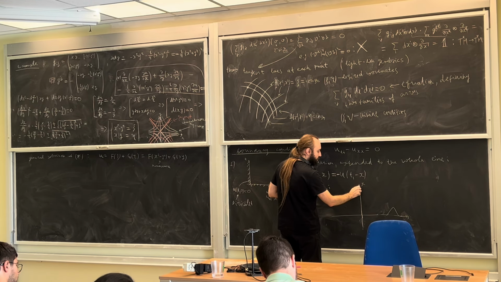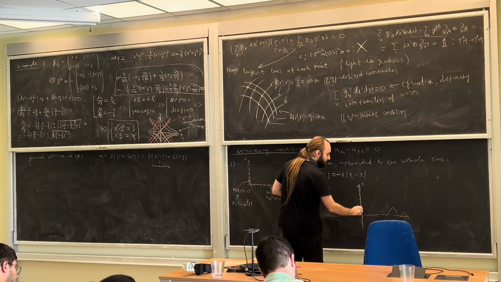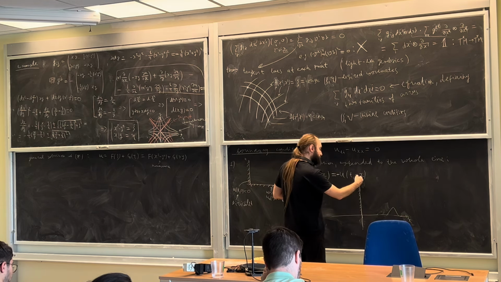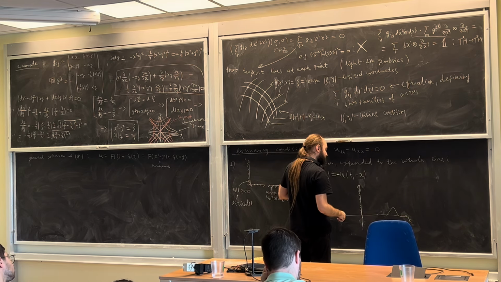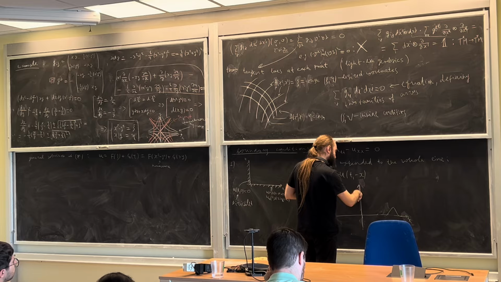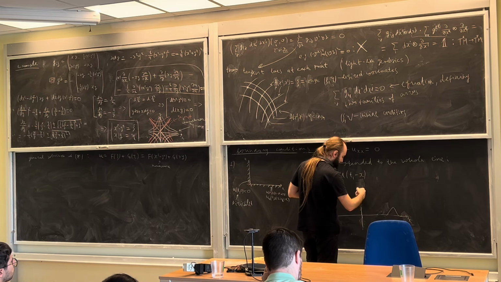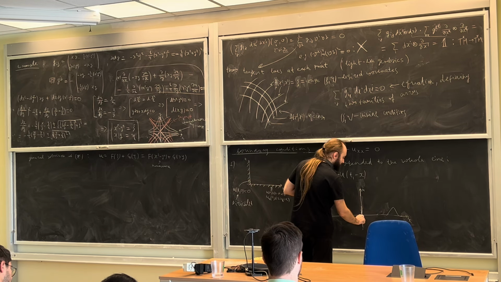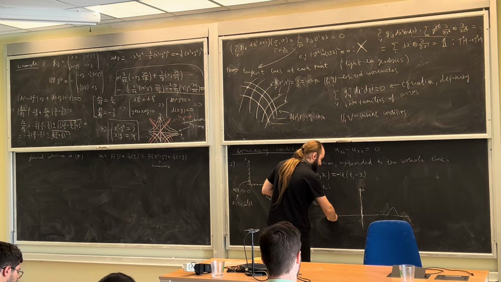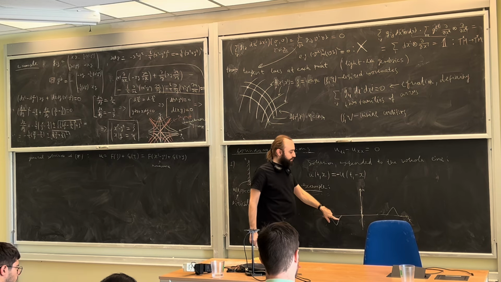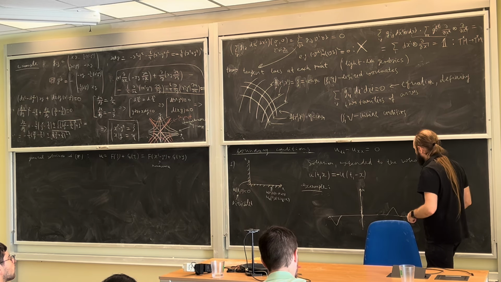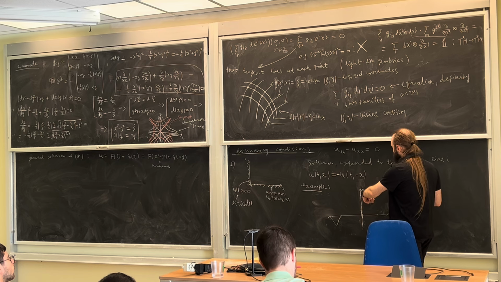So this is the point x equals 0. This is t, this is x, this is u, and this point works like a mirror. So there is a completed part of the initial condition, and when we start evolution, then these two triangles split.